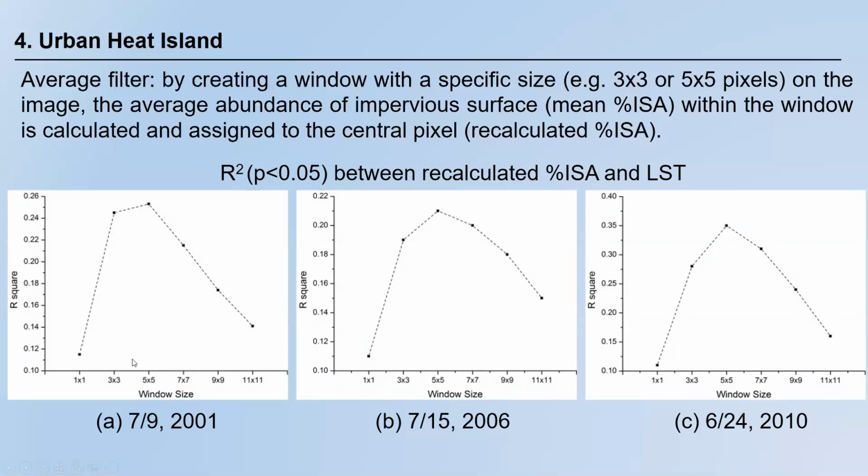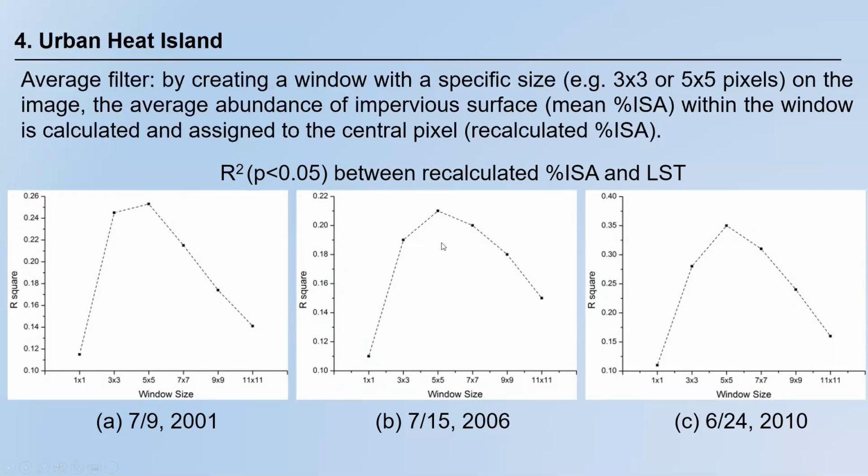And if you continue to increase the size of the window, when you apply a window of 5 by 5 pixels to the image, you have the peak of R square for all three images, right? When the 5 by 5 pixel window was applied, the R square here is around 0.25.